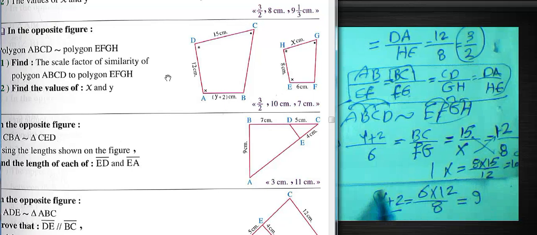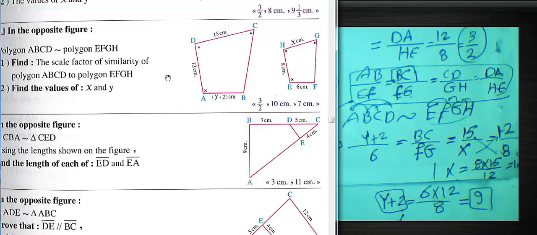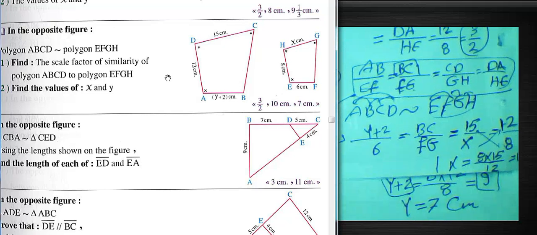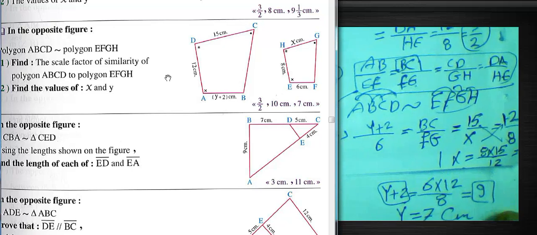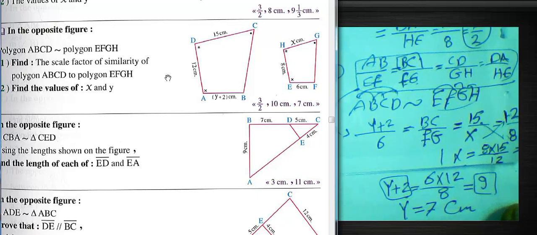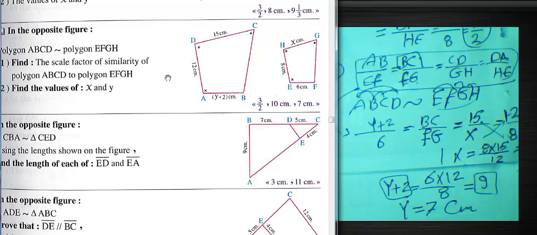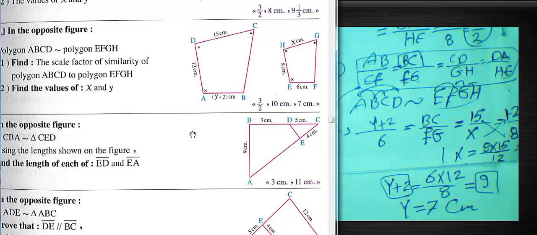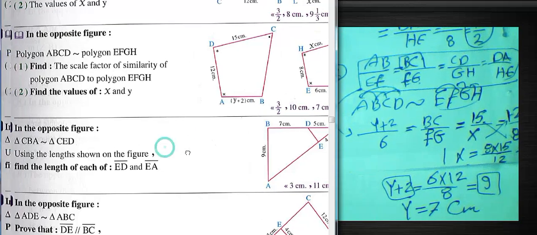So y plus 2 equals 9. Then y equals 7 centimeter. Okay, it's easy for you. Okay, question number 4.